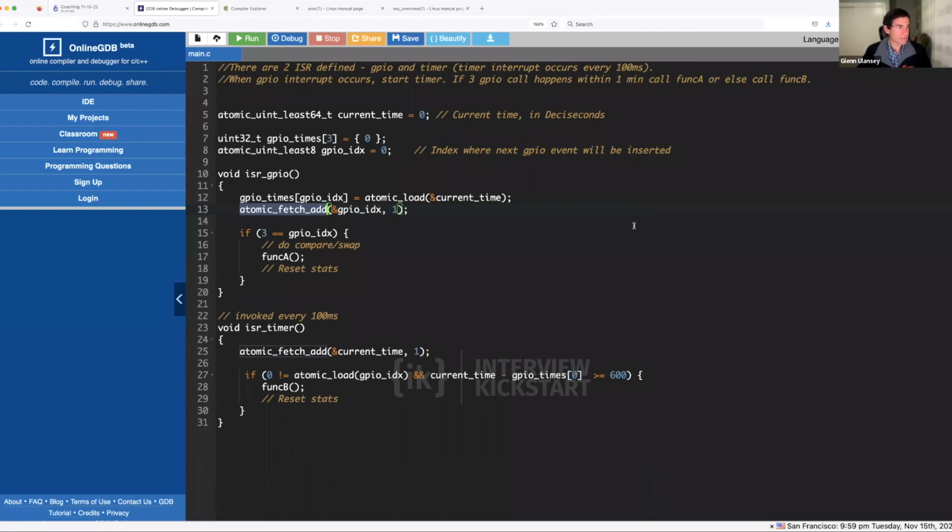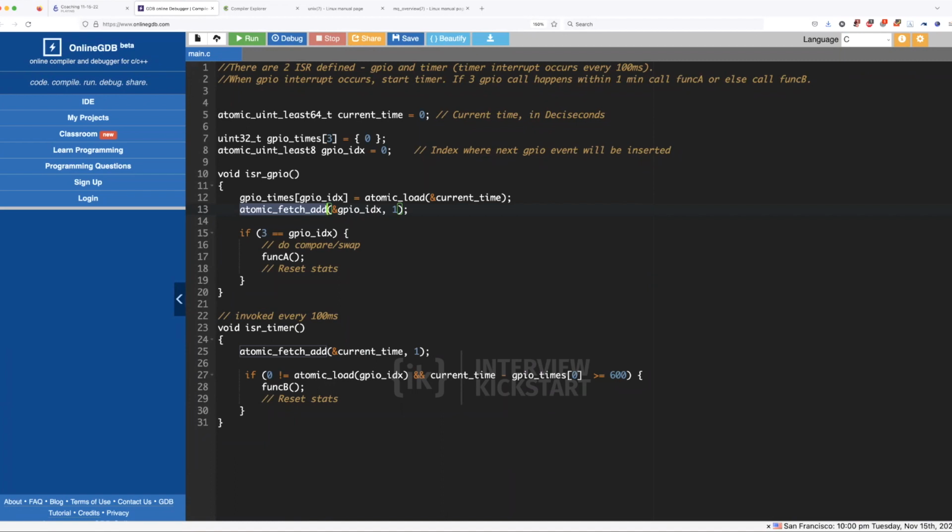Because the whole point of these atomics is to have synchronization between these two interrupt routines if they do occur simultaneously. But if they can't occur simultaneously, then we can have all the exact same code, just sans the atomic portion of it.